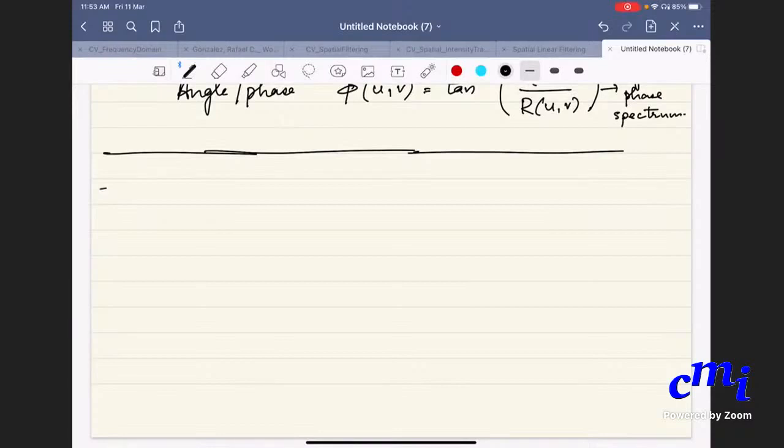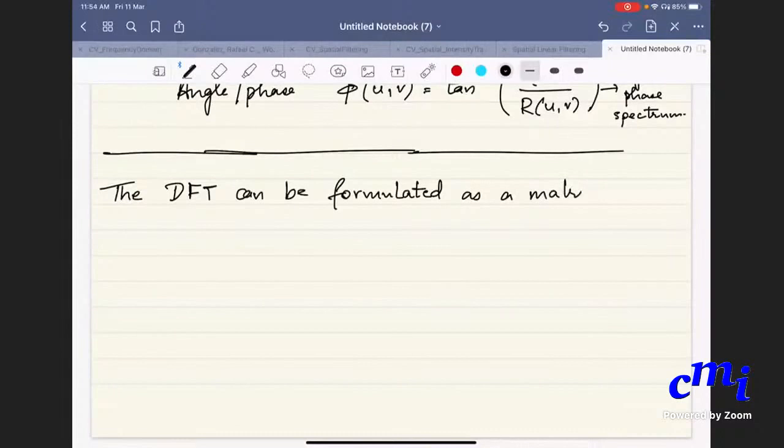So the DFT can be formulated as a matrix operation as follows.